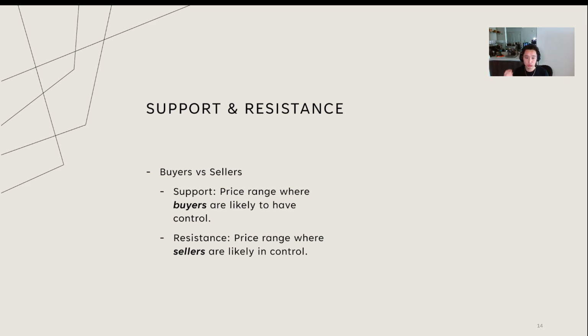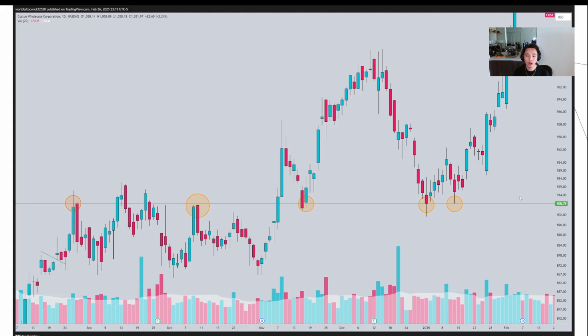On the other hand, resistance is the price area where sellers are likely in control. This is usually where you see price start to move up, hit a certain point, get rejected and pull back, as there are more sellers than buyers in that range. Let's take a look at how we can identify these support and resistance areas on actual charts.